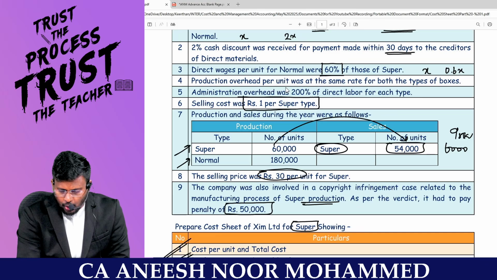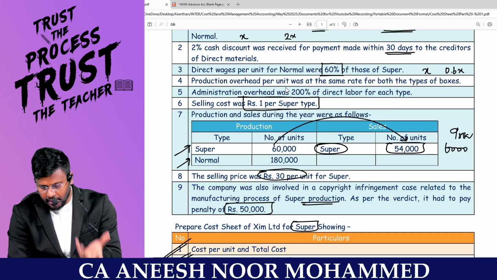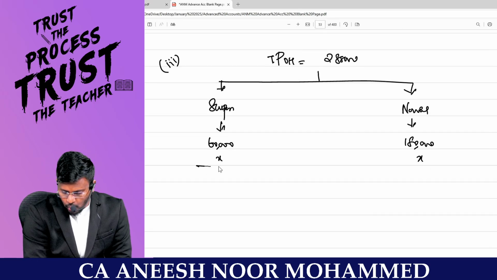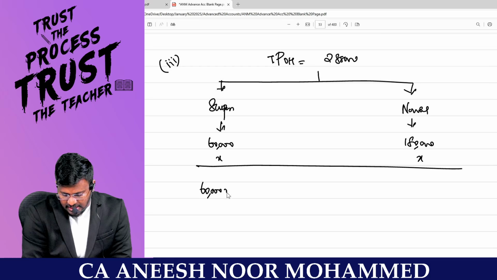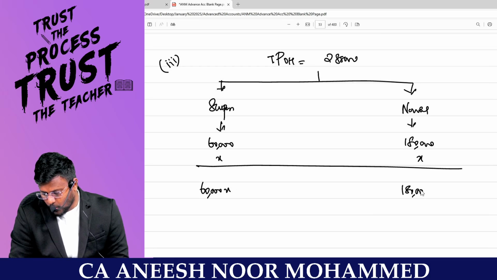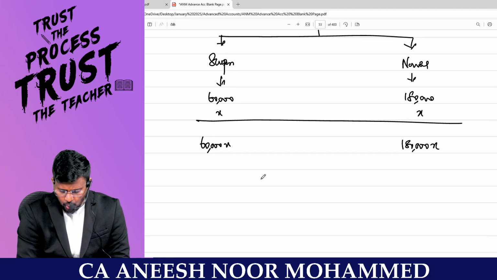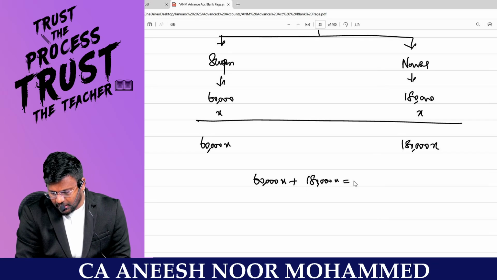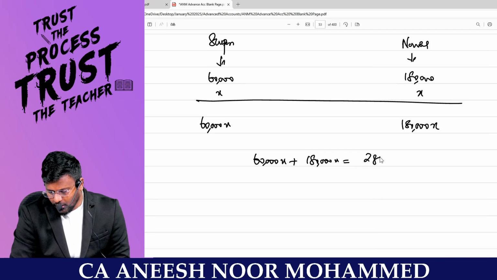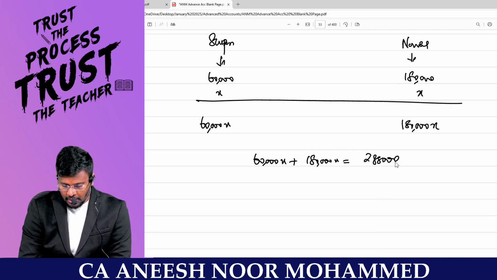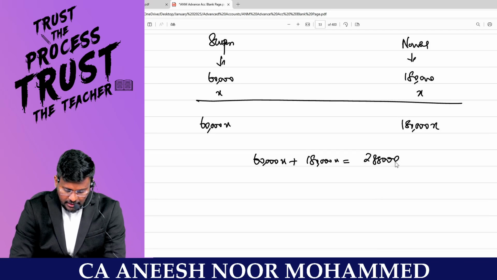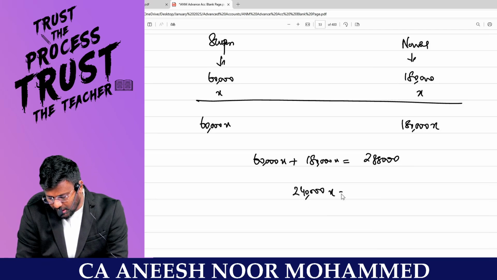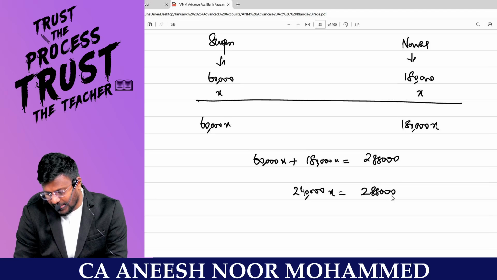Sir, production overhead per unit was at the same rate for both types of boxes. So if this is for X, this is also for X. So this is 60,000 X and this is 1,80,000 X. So 60,000 X plus 1,80,000 X is equal to totally 2,88,000. So my dear lovable students, 60,000 plus 1,80,000 comes to 2,40,000 X is equal to 2,88,000.